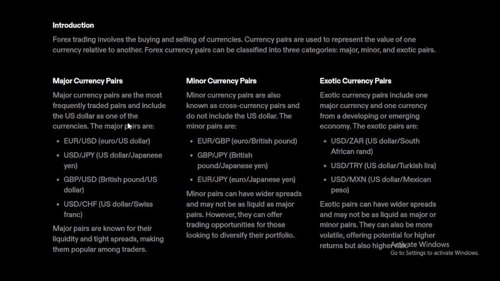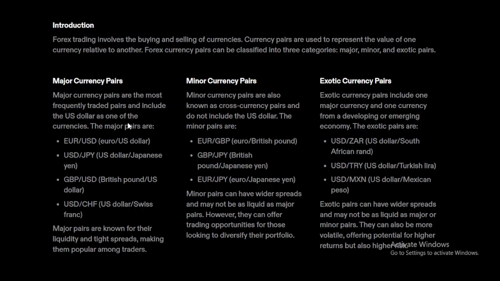All right, so what is a major currency pair? Major currency pairs are the most frequently traded pairs and include the US dollar as one of the currencies. What this means is that there are some currencies that are most traded in the forex market, and there are about 8 of them.